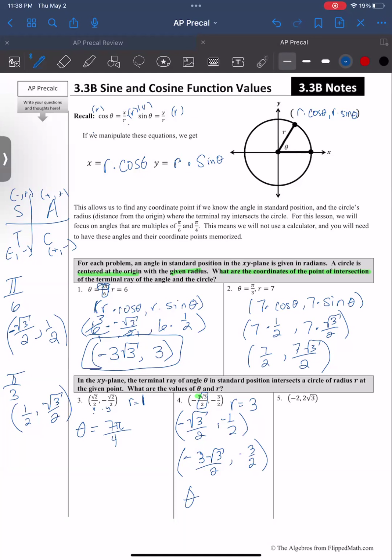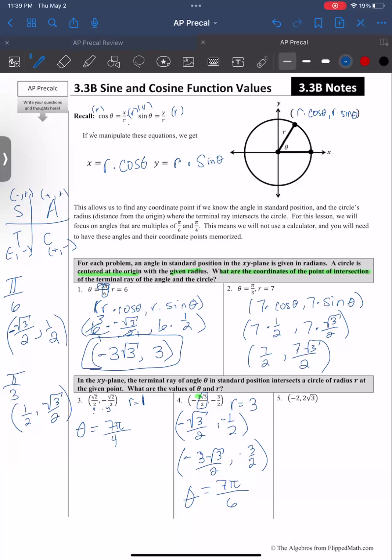I need to verify, but I believe it is, I want to say 7 pi over 6, but I just want to confirm. Yeah, 7 pi over 6. I know quadrant 4 was 11 pi over 6. All right, now the last one.